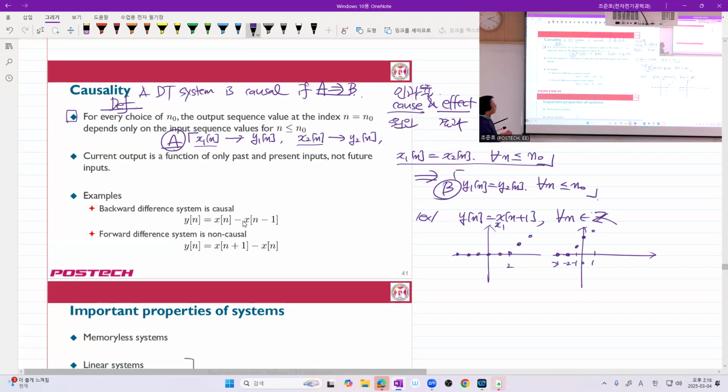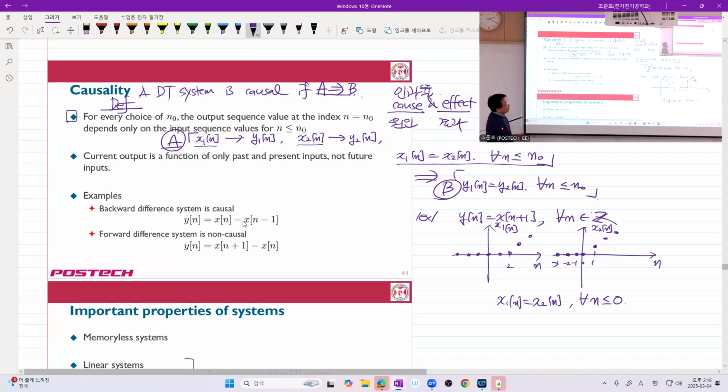So x1 of n and x2 of n are equal for all n less than or equal to 0, right?